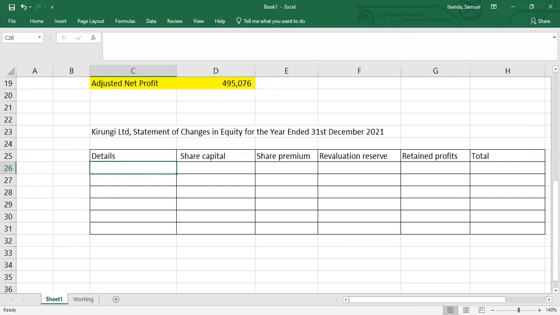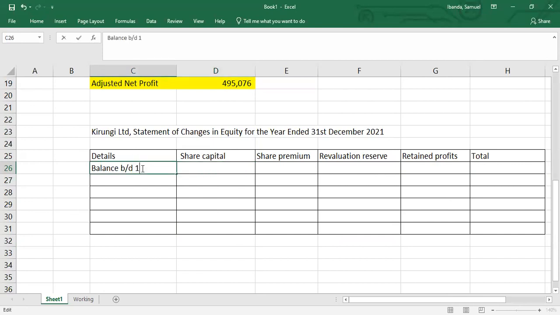Now, the first line that we start with is our balance brought down. Just write this in small letters. Basically, it is what you have at the start of the year.